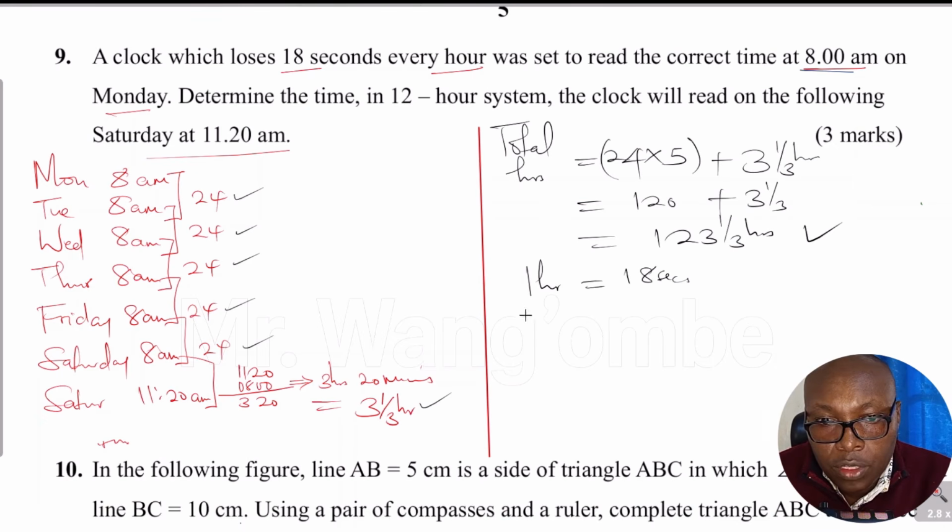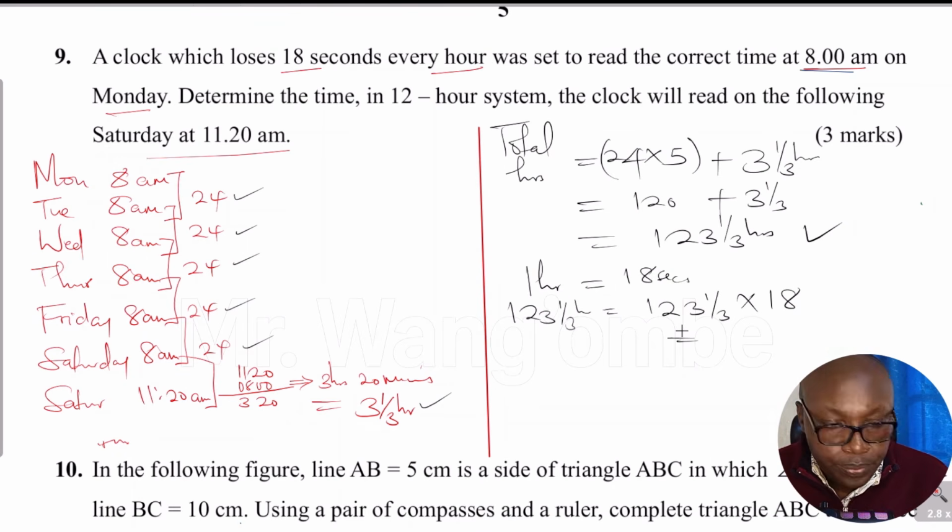Now for 1 hour, the clock loses 18 seconds. So what about for 123 1/3 hours? So how many seconds will be lost? Just multiply 123 and a third times 18. When you multiply these, you get 2220 seconds.